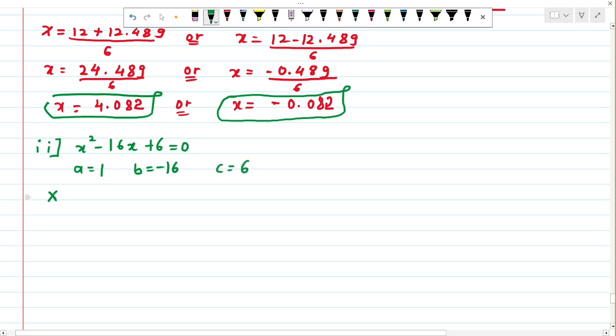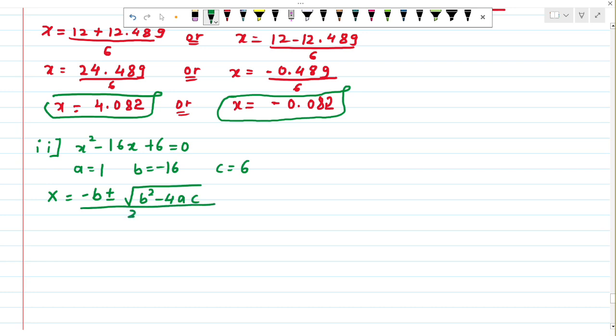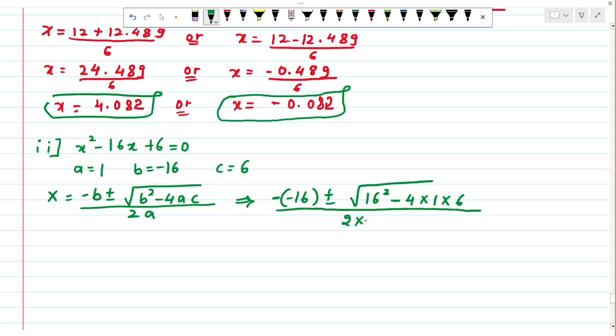If we substitute in x equals minus b plus or minus root of b square minus 4ac divided by 2a, we will get minus of minus 16 plus or minus root of 16 square minus 4 into a which is 1 into c which is 6, divided by 2 into 1.